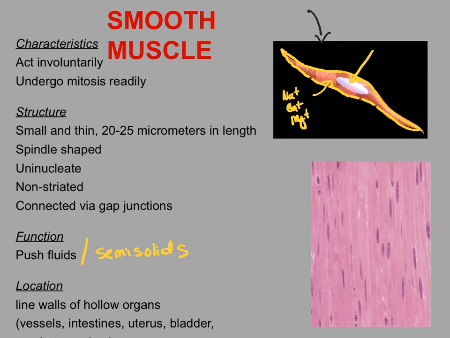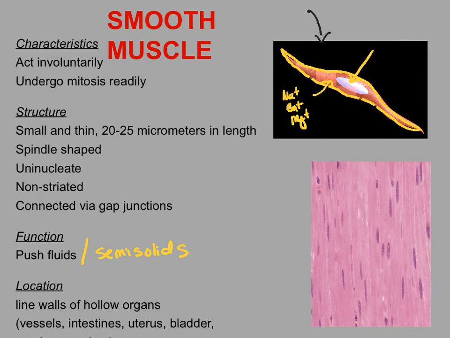So if you think about food, for instance, leaving the stomach and making its way into the small intestines, depending on what you've eaten, that may not be a complete fluid. We could say that that's a semi-solid, right? The food's going to leave your stomach and get pushed by smooth muscle into the small intestines.